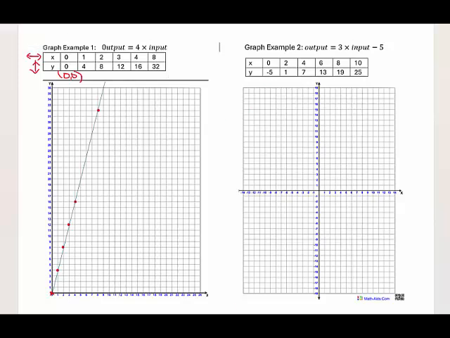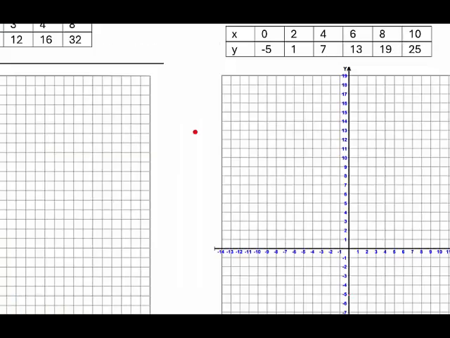We are going to be plotting the next bit, 0, -5. So this is why we've got a Cartesian plane with 4 quadrants, 1, 2, 3, 4. So you can make it bigger or it's easier for you. Actually, I might make it bigger. 0, -5, dot, 2, 1. 4, 7. 6, 13, so 6 follow it all the way up.